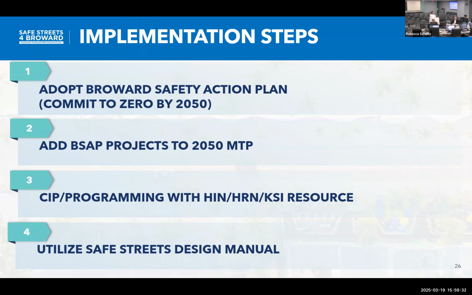Then we'd like each of you to look at your CIPs and programming using the HIN, HRN, and our KSI resources. So helping give you a resource for when you're doing your city planning and prioritizing which projects are going to go in your next year's CIP using the HIN resources. And then we'll have the Safe Streets Design Manual that you can use to actually implement those projects. So as a resource.